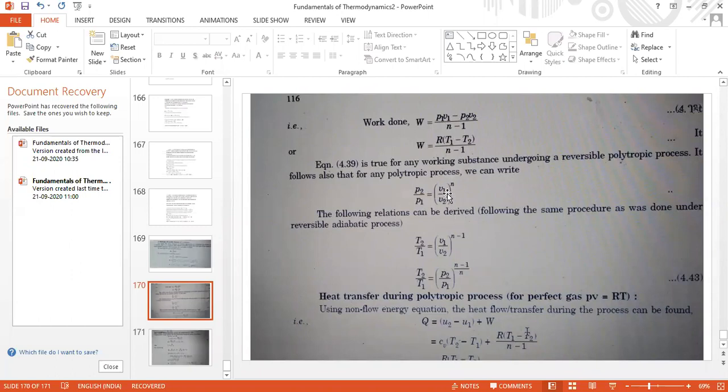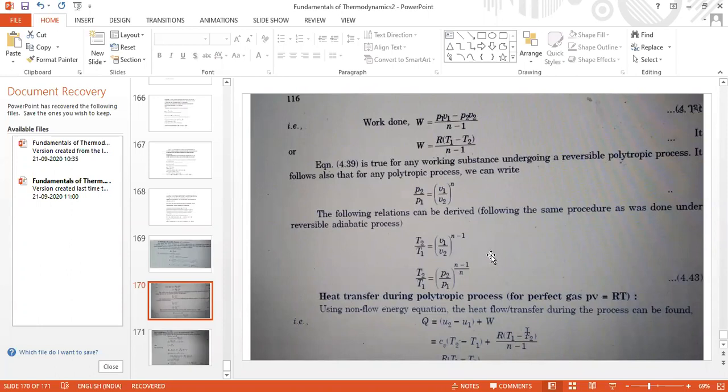That P2 by P1 is (V1 by V2)^n, multiplied by V2 by V1. Since V2 by V1 is there, it is (V1 by V2) to the power minus 1. Writing in terms of V1 by V2 only, we get (V1 by V2)^(n minus 1). Like that, this is arrived.